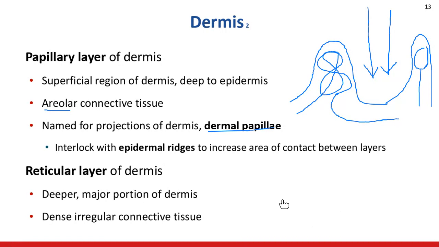So deep to the papillary layer is the reticular layer. You need to know that the predominant type of connective tissue there is the dense irregular connective tissue. I've seen that asked on questions before. And that's where you're going to have all the different types of glands: the sebaceous glands, the merocrine glands, the apocrine glands, and the arrector pili muscle, which connects to the hair follicle.